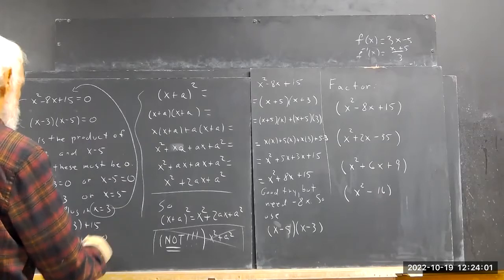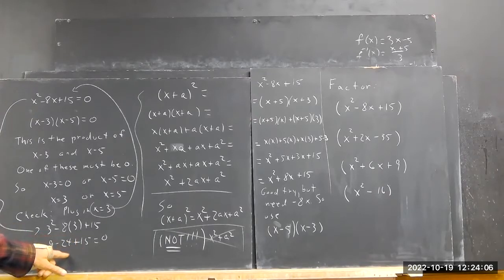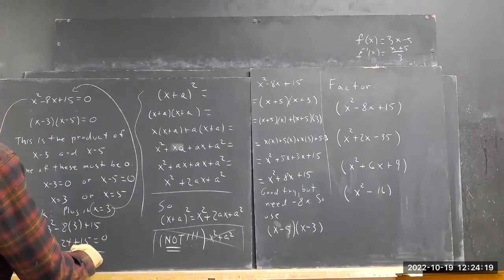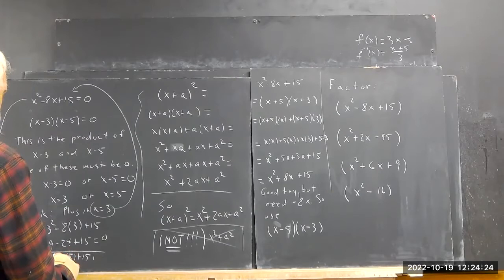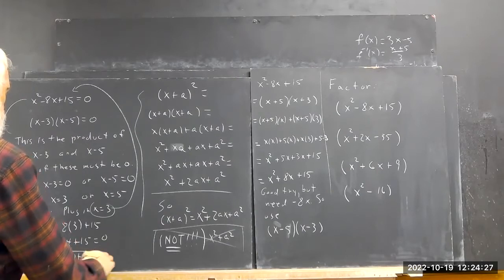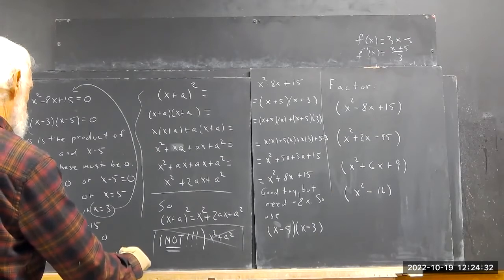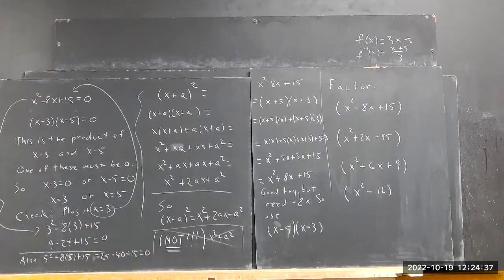And that equals 0. 9 and 15 is 24. 24 minus 24 is 0. Also, if we plug in 5, 5 squared minus 8 times 5 plus 15, that's 25 minus 40 plus 15. That also adds up to 0.